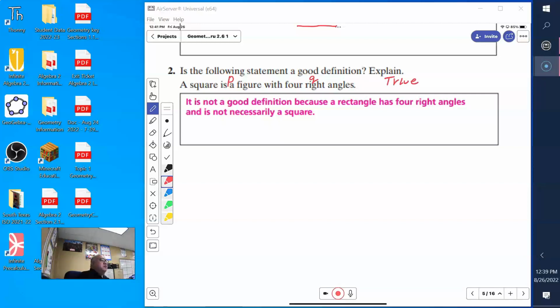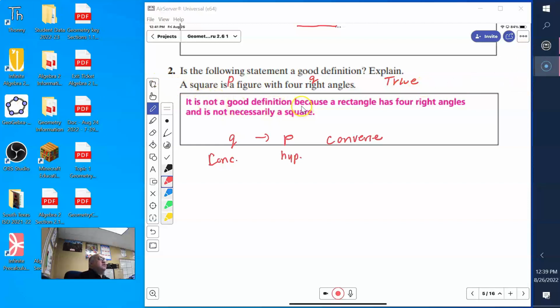What happens if we switch the Q and the P? We're going to get the converse, aren't we? Remember, Q is going to be the conclusion, and P is going to be the hypothesis. We just switched it. That's going to be the converse.